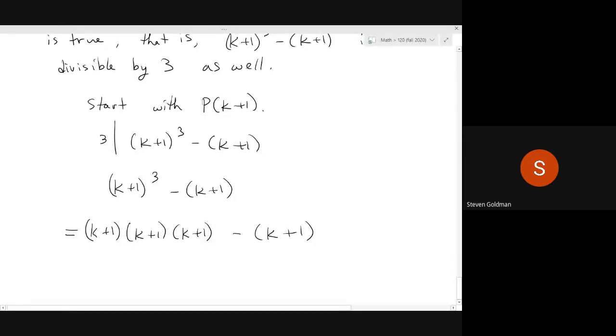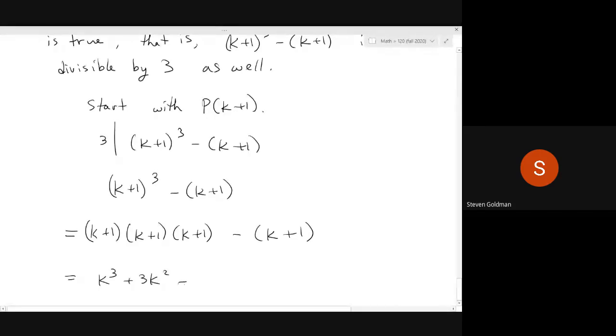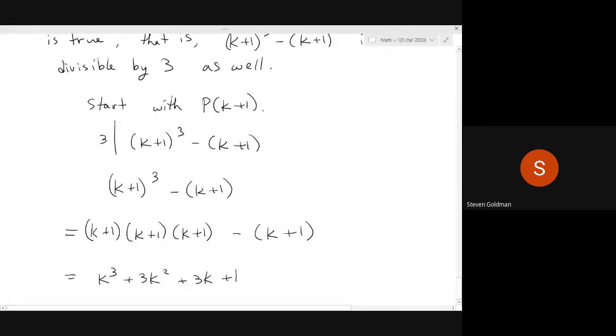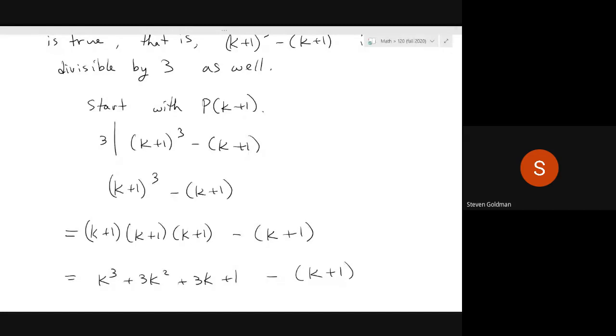If I multiply this, what am I going to get? I get k cubed plus 3k squared plus 3k plus 1, minus k plus 1. If you remember Pascal's triangle, 1, 3, 3, 1 are the coefficients. If anyone remembers that. If not, that's fine.